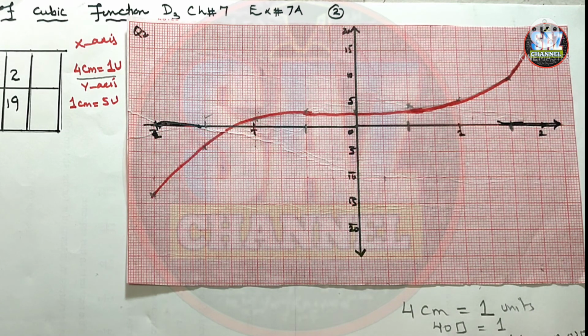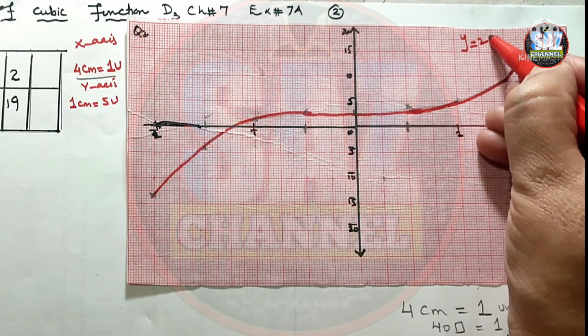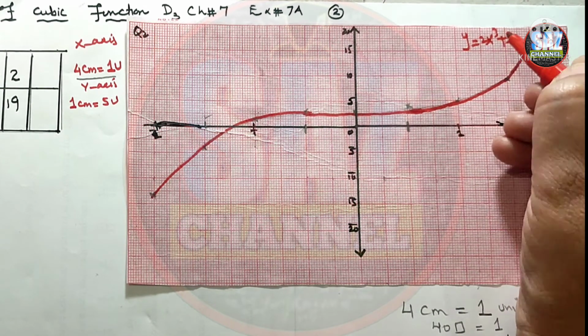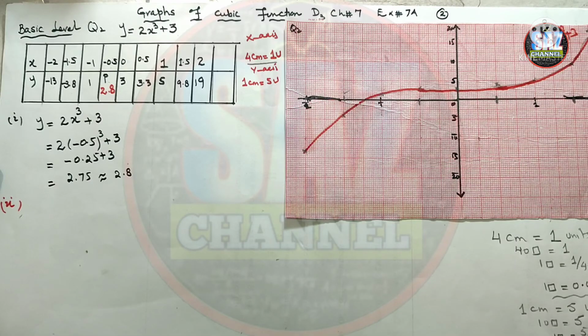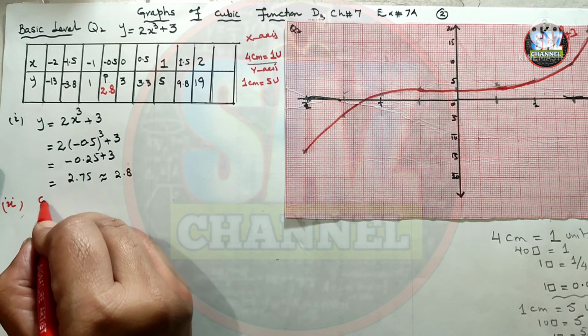So I hope the graph is done, and the equation for this graph is y equals 2x cubed plus 3. Now the next requirement of the question is that we have to locate certain points against the given values.